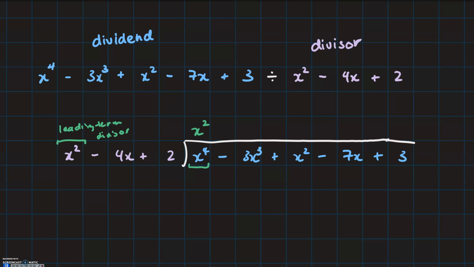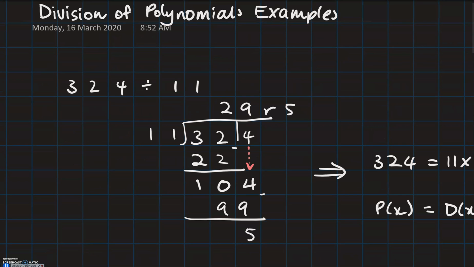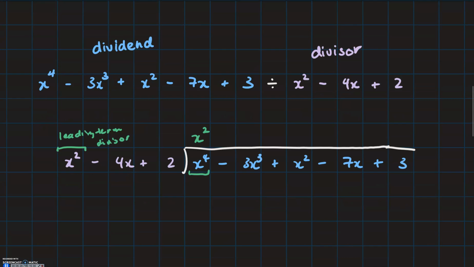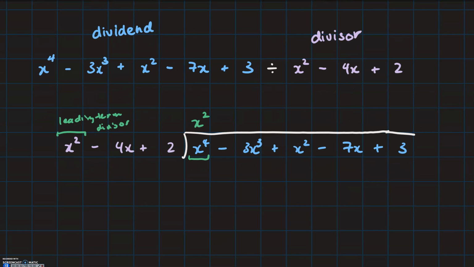Now that I've done that, what do I need to do? Well, when I did it with my regular division, up here, I multiplied this number with my divisor, and I got this result down here. I'm going to do the exact same thing. I'm going to multiply my number in my quotient by not just my leading term, but my whole divisor. So let me do that.